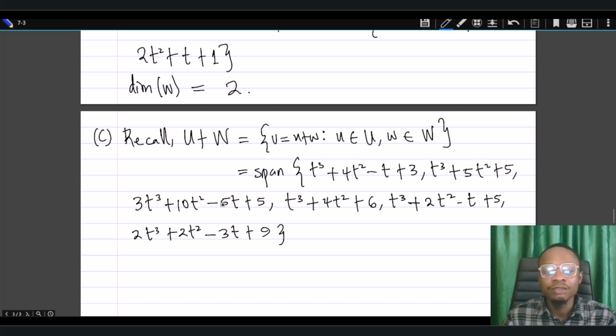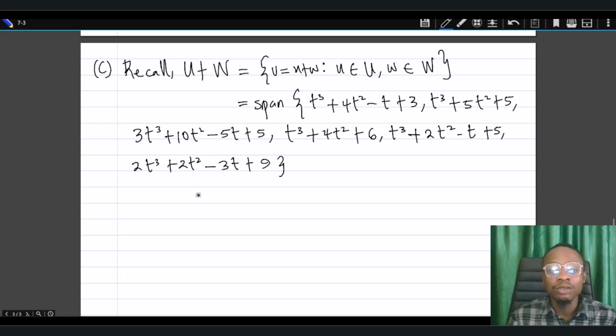These first three vectors are the span of vector space U as provided in the problem statement, and the last three are those that span W as provided in the problem statement. So with that we know U plus W is spanned by all of this, and if we put that in this format, we can easily say, using this structure, this is 1, 4, minus 1, and 3.